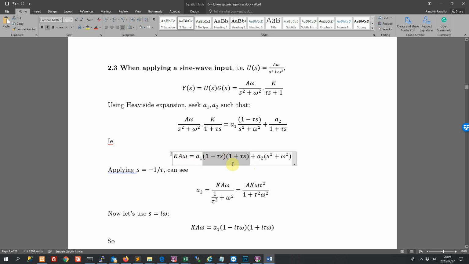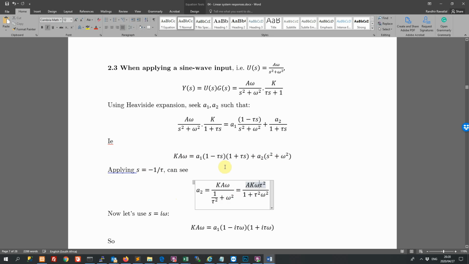So this whole term vanishes, leaving us with A2 times 1 over tau squared plus omega squared, equal to ka omega. So ka omega over 1 over tau squared plus omega squared, and multiplying numerator and denominator by tau squared gives us this. So that's what we have for A2.